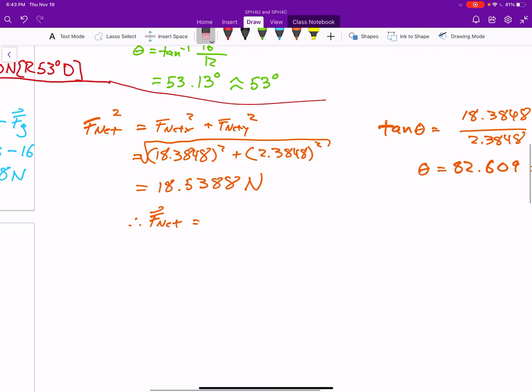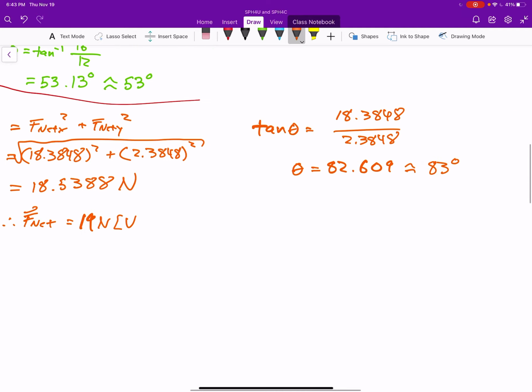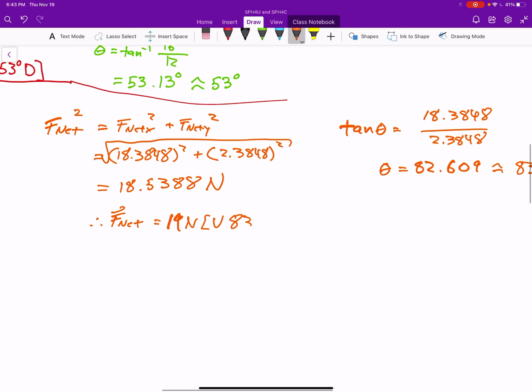So we'll just have it with 2 significant figures, so that's going to be 19 newtons. This is up 83 degrees right is the net force for that then.